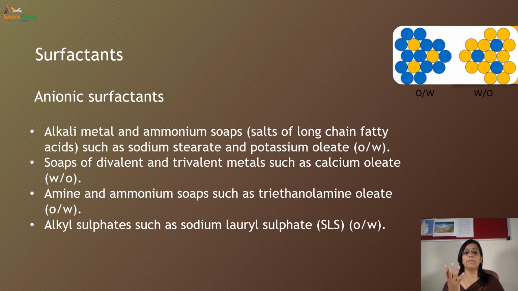Surfactants are a type of emulsifying agent. We have seen surfactants in our previous modules; I have discussed a complete module on surfactants. Anionic surfactants include alkali metal and ammonium soaps, salts of long chain fatty acids such as sodium stearate and potassium oleate, soaps of divalent and trivalent metals such as calcium oleate, amine soaps such as triethanolamine oleate, and alkyl sulfates such as SLS, sodium lauryl sulfate.